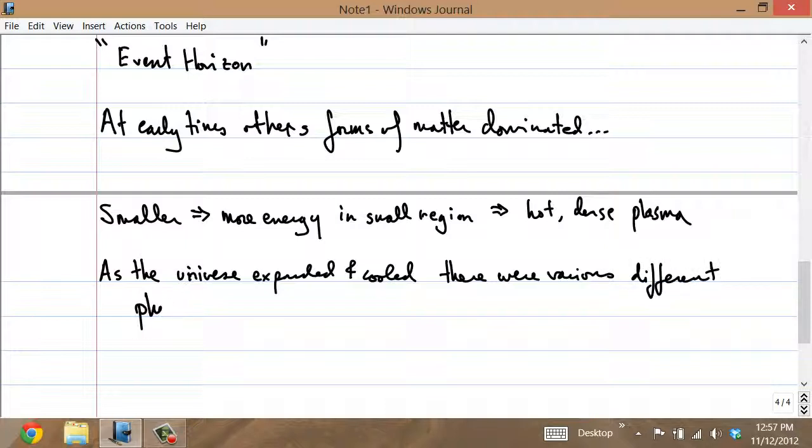That is to say, there were various different phases of matter which dominated the dynamics, that is, which dominated the energy density of the universe. So just as if you take water and you cool it down, it will undergo transitions first from a gas into a liquid, and then from a liquid into a solid. The universe, as it cooled down, underwent various sorts of phase transitions, where the matter that started out as some hot, dense plasma would undergo some transition into different types of matter.